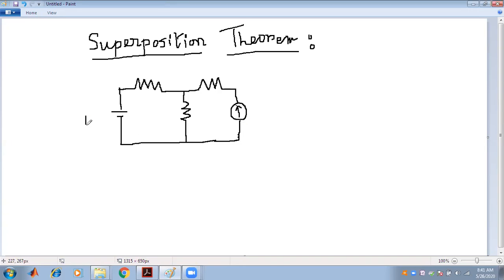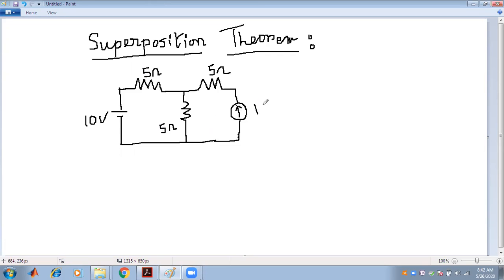This is 10 volt. This is 5 ohm, this is 5 ohm, this is 5 ohm, and this is 10 ampere.